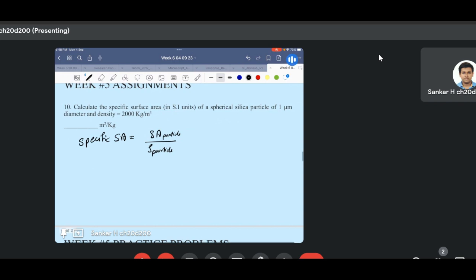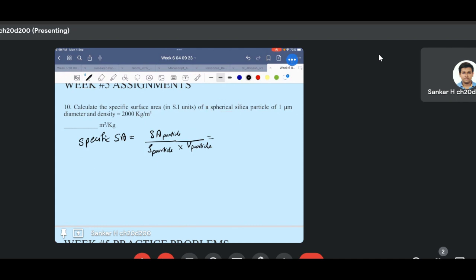The density is in kilogram per meter cube, and density times the volume will in fact be the mass of the particle. And it is given that it is a spherical silica particle.